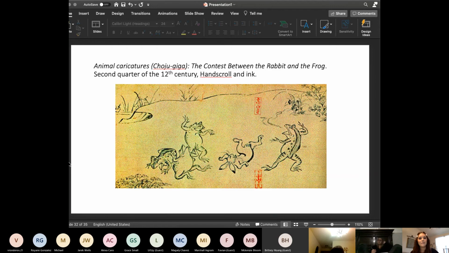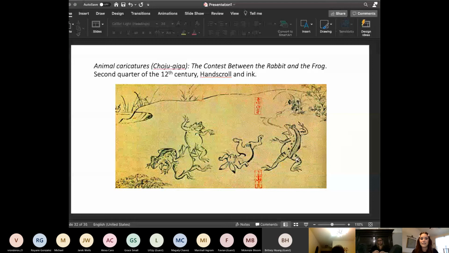Now, a different example of repetition and rhythm that we don't always associate happens in things like comic books, comic strips, and stories. You'll see the same characters used over and over again in a newspaper comic or a comic book. Here's the early example of comic books. This is a hand scroll. Normally it'd be a rolled up scroll, and as you read it, you would start from right to left and start unrolling it.